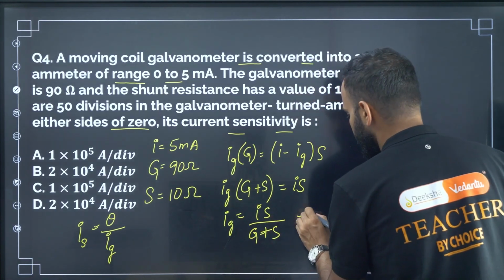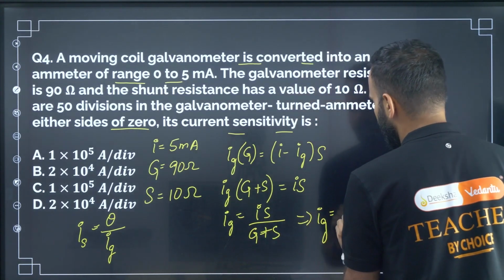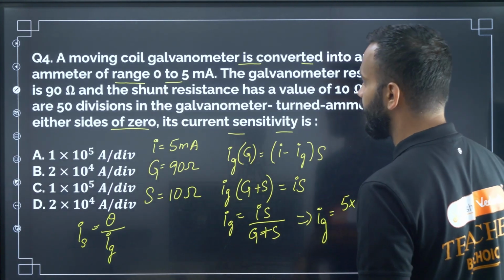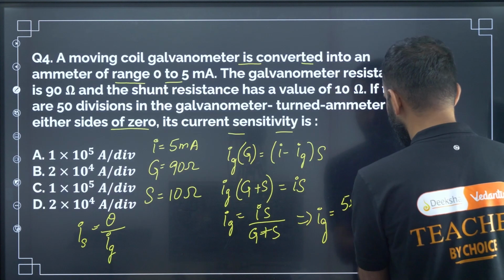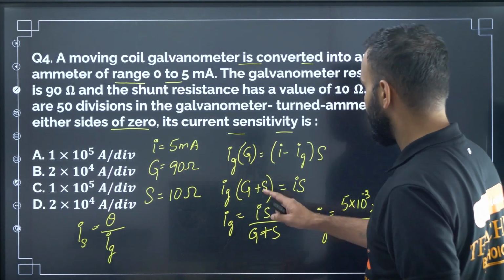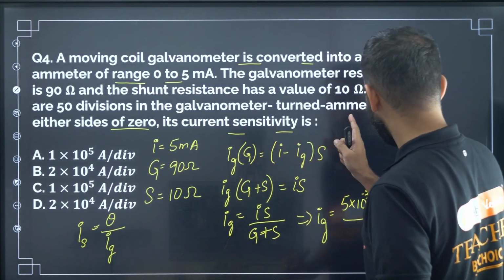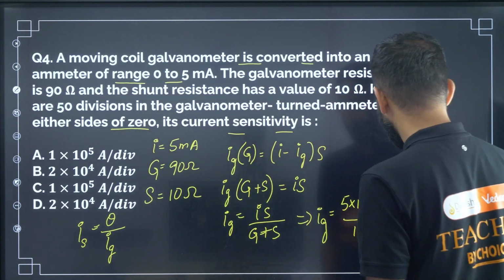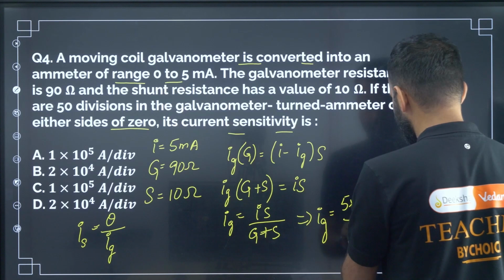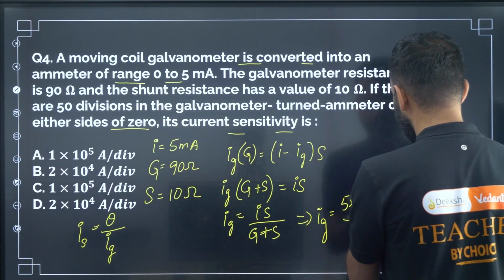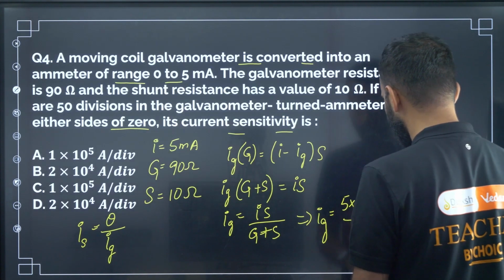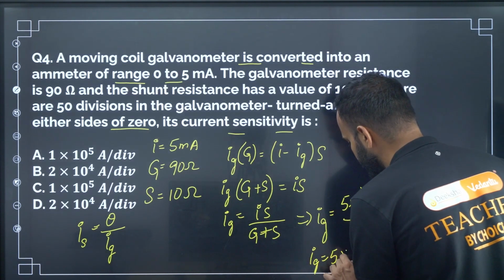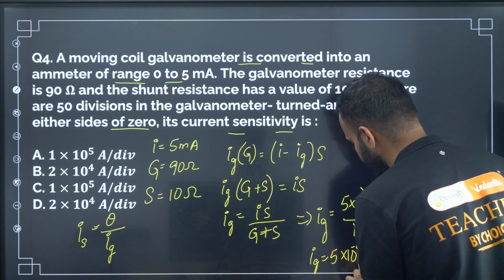Now solve this. Ig is equal to 5 into 10 to the power minus 3, into S, which is 10 ohm, divided by G plus S. G plus S is 90 plus 10, that is 100. Now here 10 will get cancelled, so this will be 10 to the power minus 4. Now the value of Ig is equal to 5 into 10 to the power minus 4 ampere.